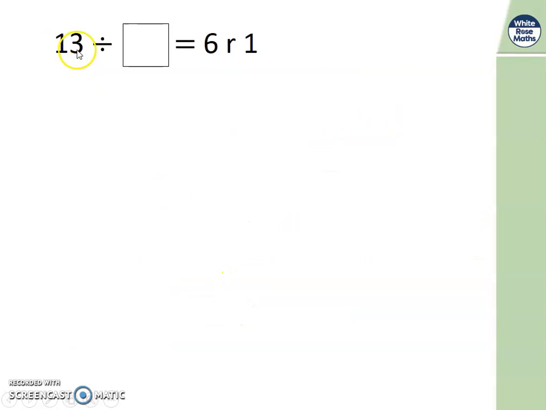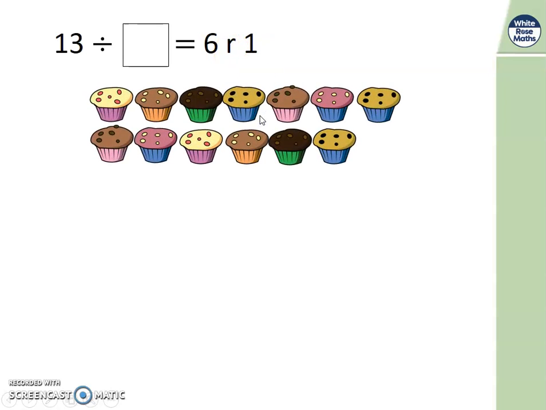Let's have a look at this question. 13 shared between, not sure how many, but we know the answer is that there will be 6 in each group with a remainder of 1. First step, draw the 13 and then get this 1 remainder and move it to one side. That's our remainder 1. We can see we've been left with 12.